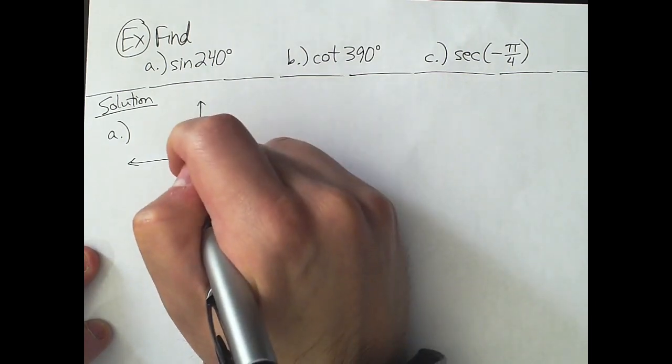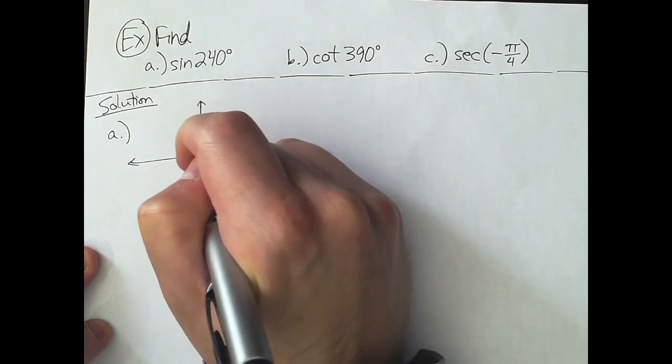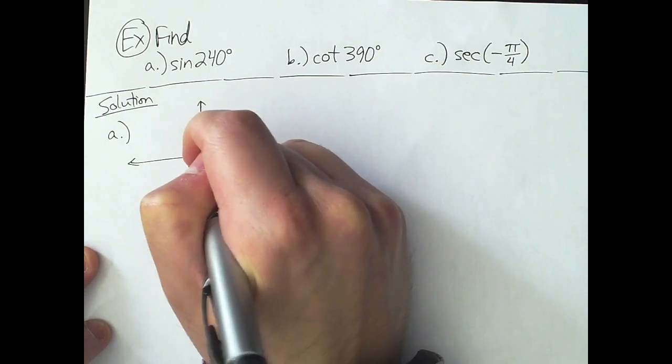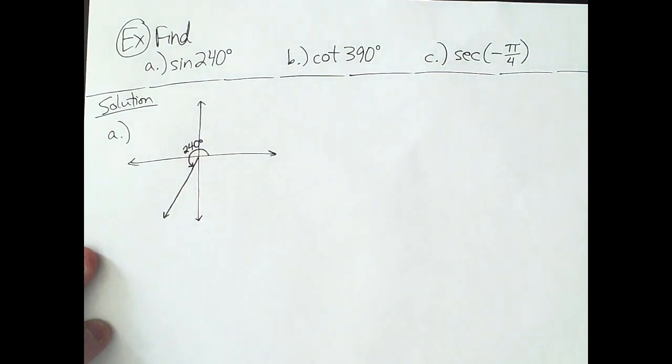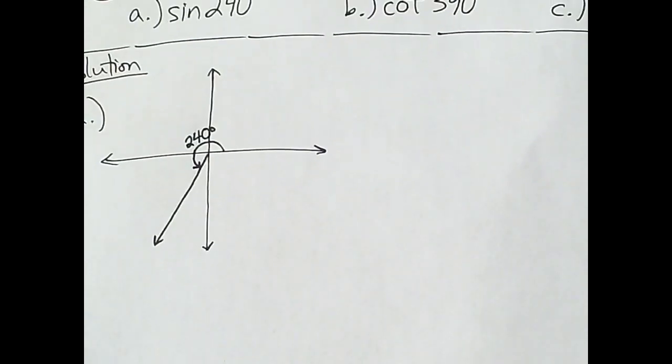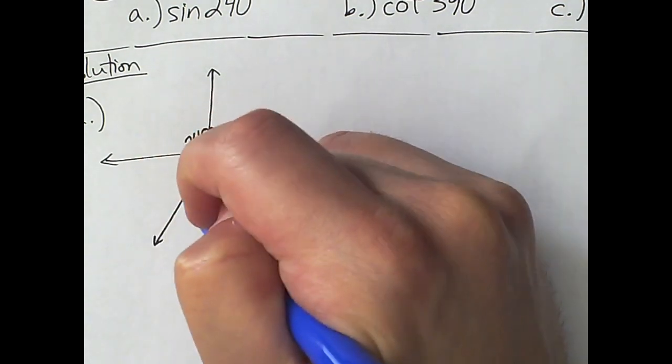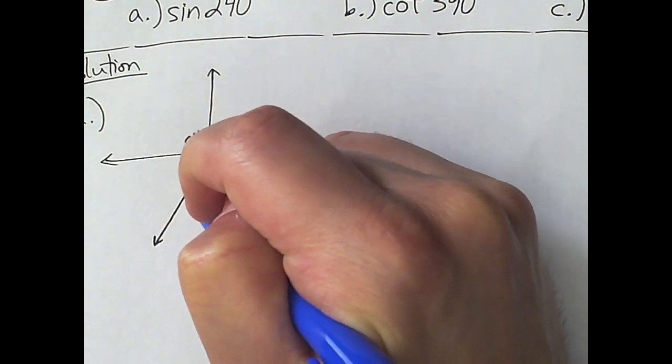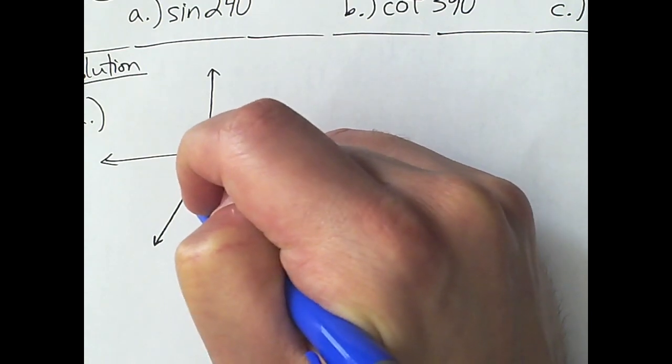And I'm going to label what I wrote here. This is my 240 degrees. You see that? I'll zoom in. Now, what is my reference angle going to be? Just like in the previous lessons where we did reference numbers, my reference angle is basically going to be what gets me from here to the x-axis.